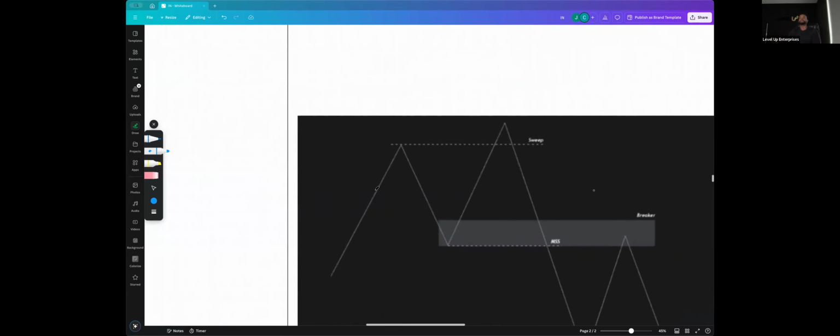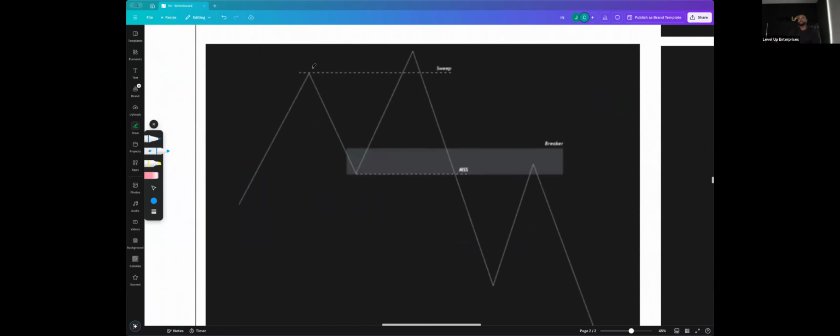Okay, let's continue. Another example. Higher high, higher low, and we get a sweep. So whenever there is a sweep of liquidity, there will always be what? Come off mute, drop it in the chat.